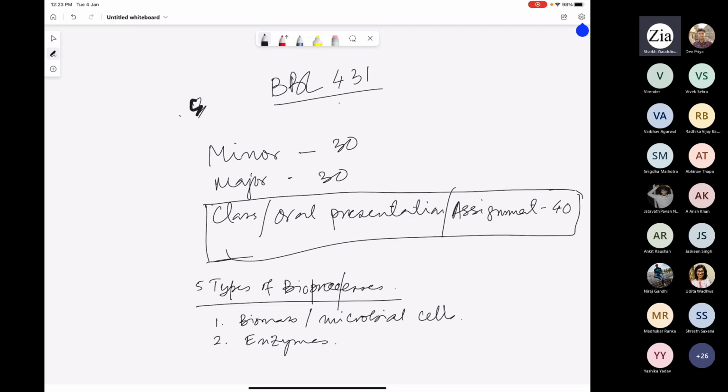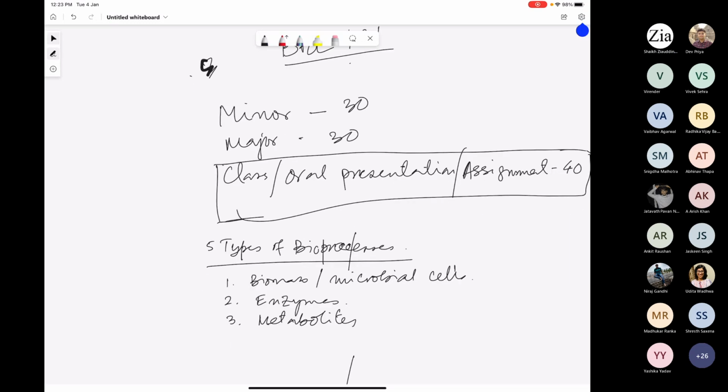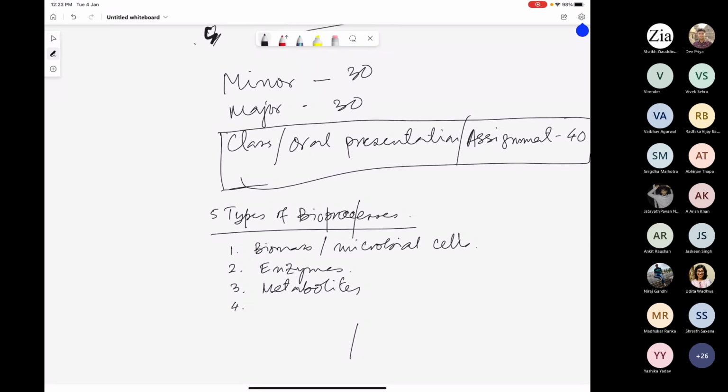Then we can have different metabolites, like antibiotics. Then we can have different recombinant products. If you use a recombinant organism, then you can produce different bioproducts using the recombinant organism.